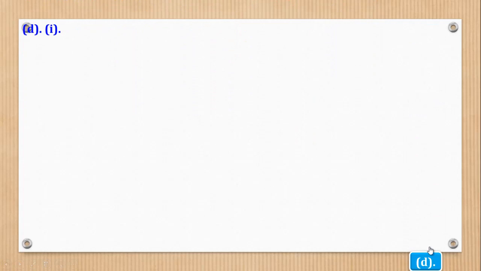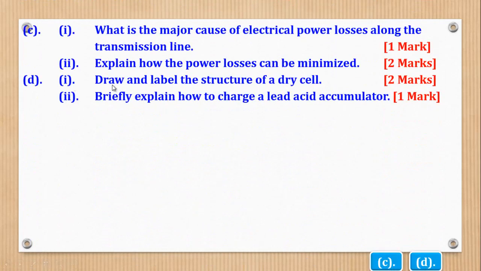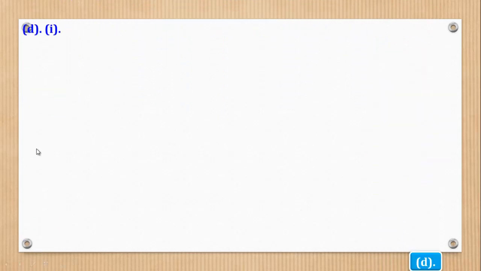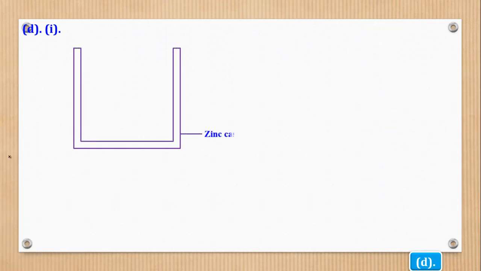Then part D, Roman 1, draw and label the structure of a dry cell. And Roman 2, briefly explain how to charge a lead acid accumulator. So here we shall only need the essential parts of a dry cell. The first one is the casing, which acts as the cathode.